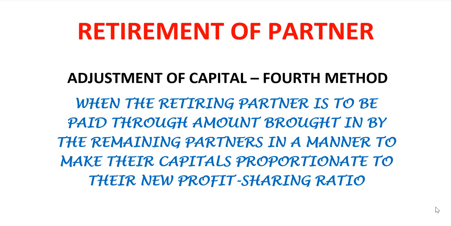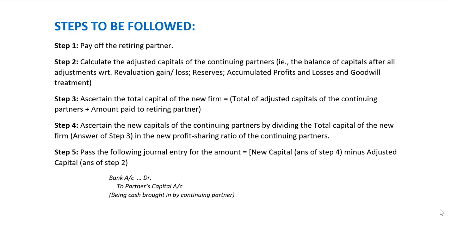So let's go to the steps that need to be followed in this fourth method of adjustment of capital at the time of retirement of partner. The steps to be followed. First step, we need to pay off the retiring partner.